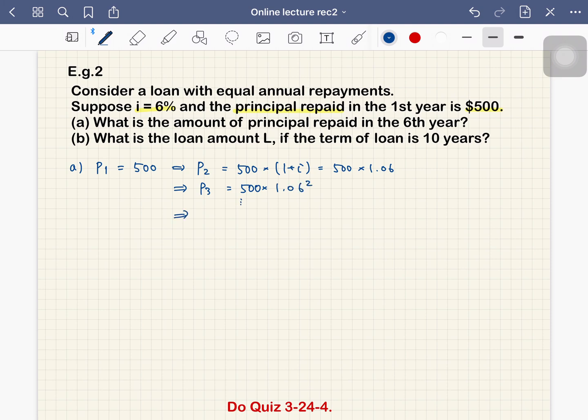Then, recursively, P6 is equal to 500 times 1.06 to the 5th power. So that is $669.11. This is the answer, the amount of principal repaid in the 6th year.